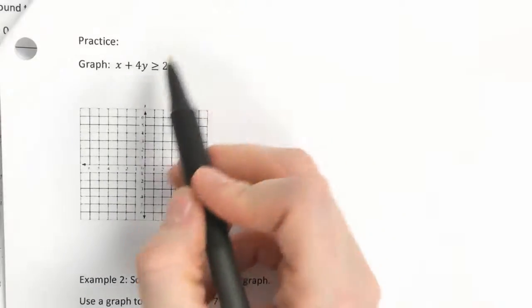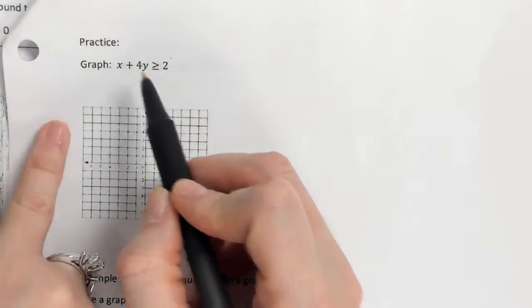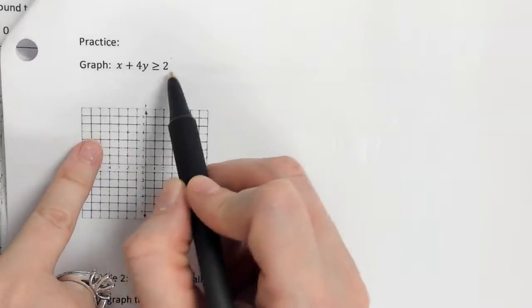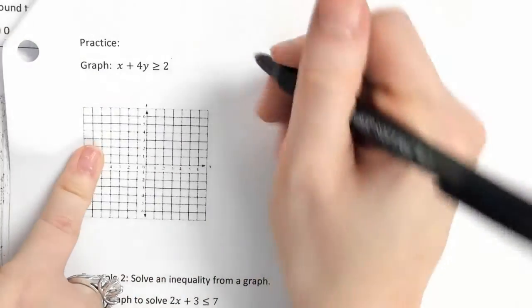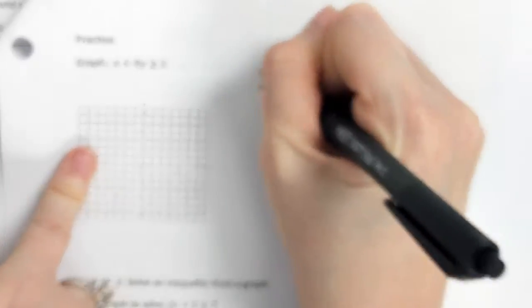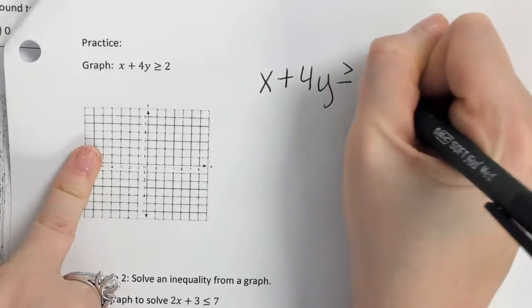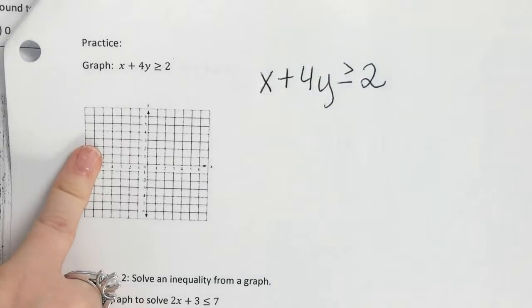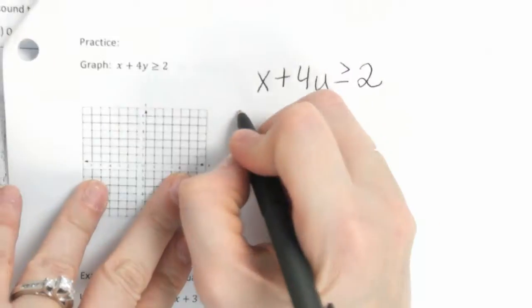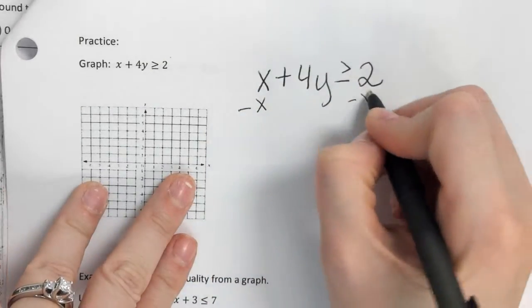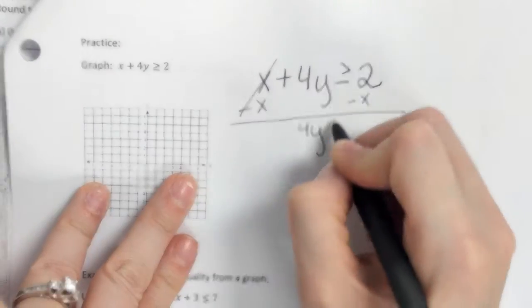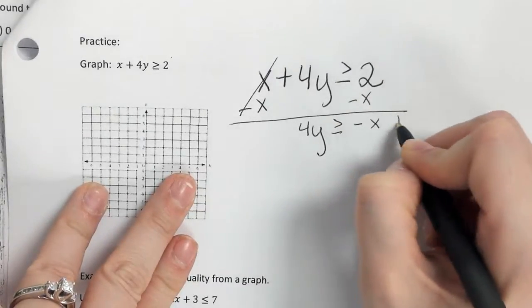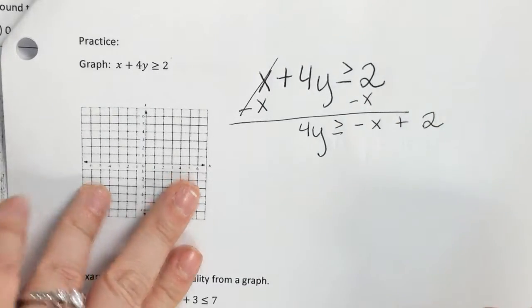Same instructions, we're just going to graph this, and we need to shade. What is the first thing I have to do with this inequality? Yeah, the y on one side. But specifically, your y needs to be on what side? The left.